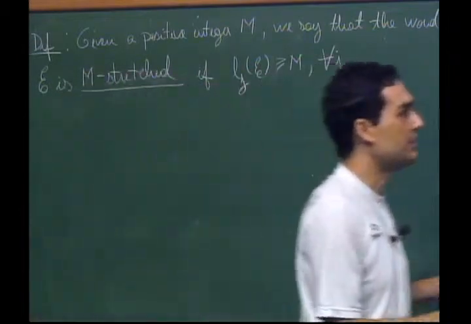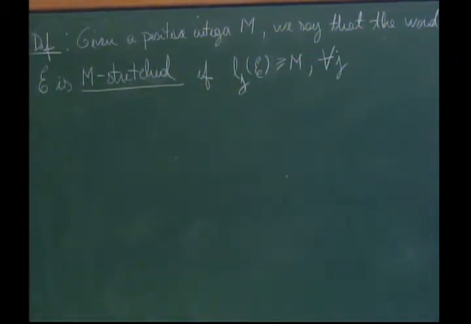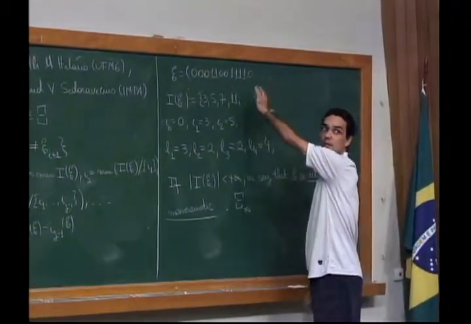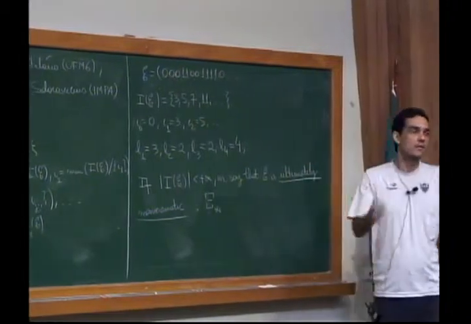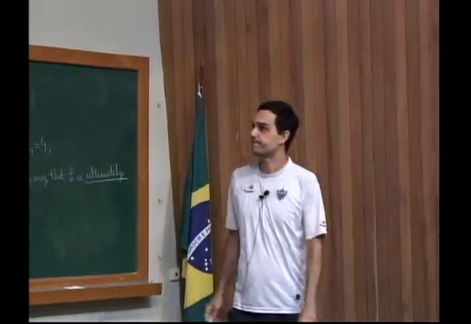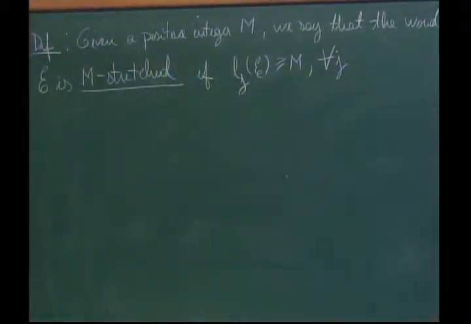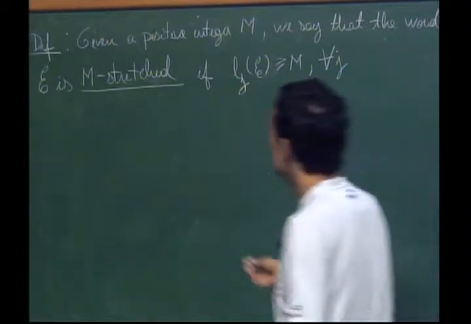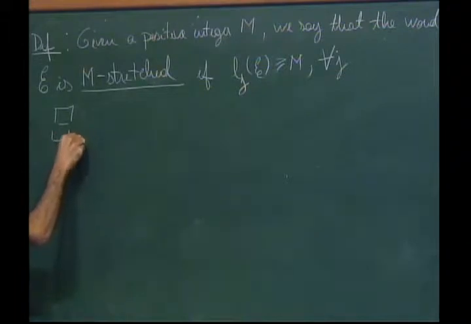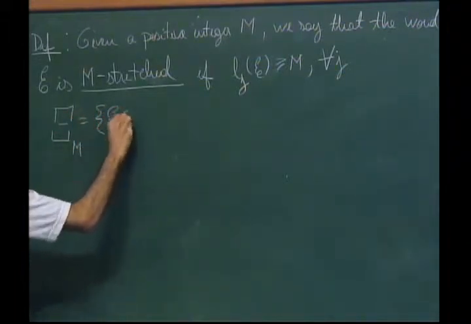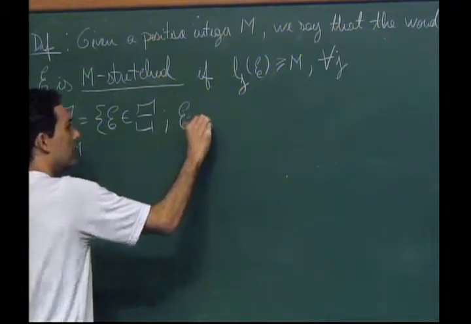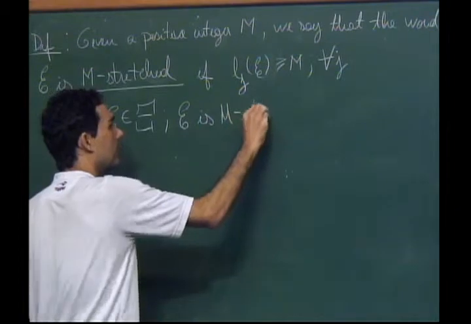That is, my word is m-stretched if each block of consecutive digits has at least m digits. Is this definition clear? And I will denote by capital Psi_m the set of the words such that xi is m-stretched.